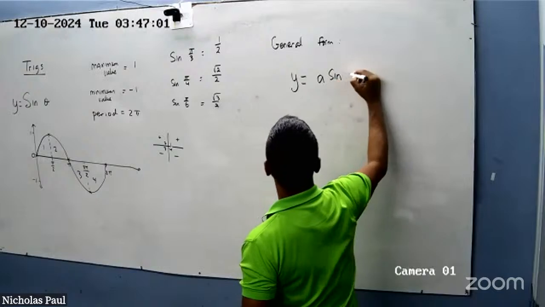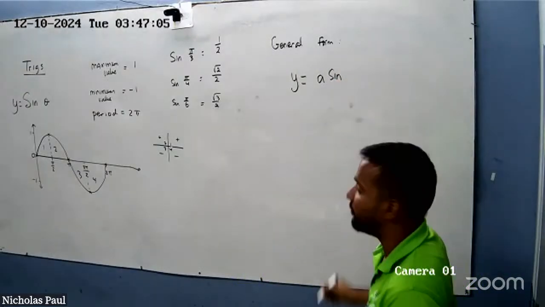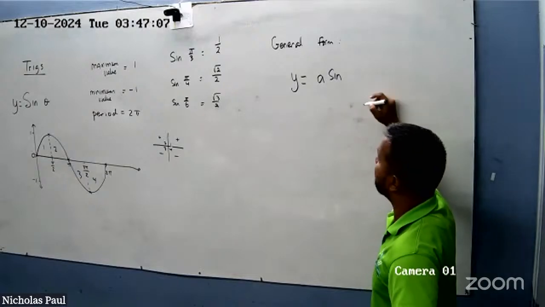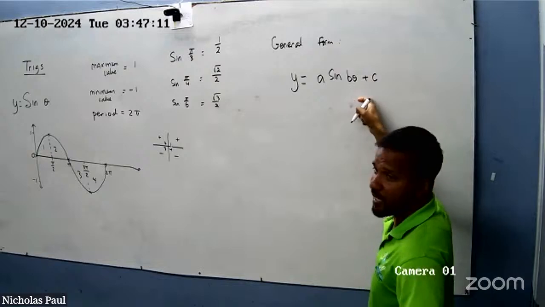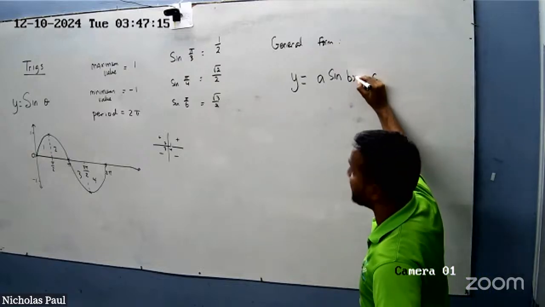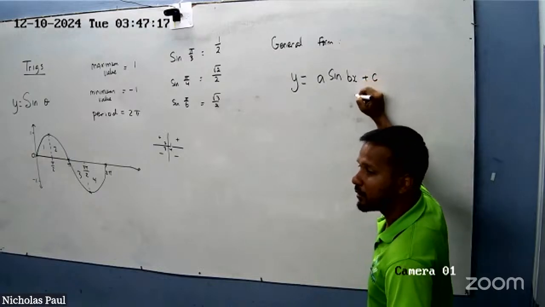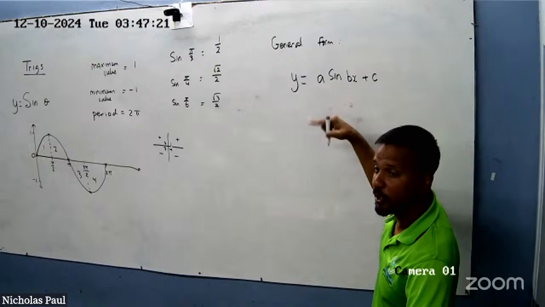Yeah, okay. So good. How do we sketch any form of a trig function, right? Suppose I give you a general form like this, with x instead of theta. We need to know what each one of these letters represents, so we'll know how to sketch it.